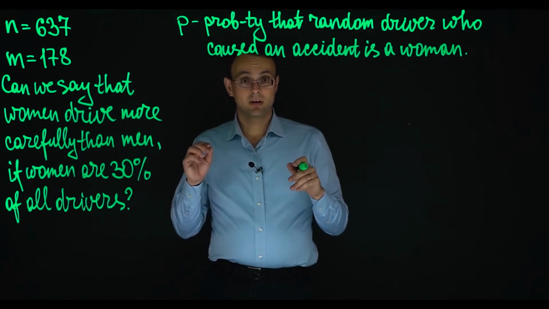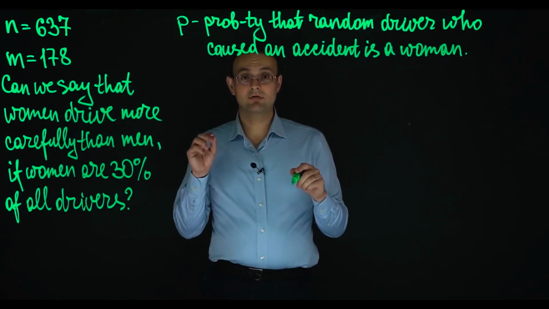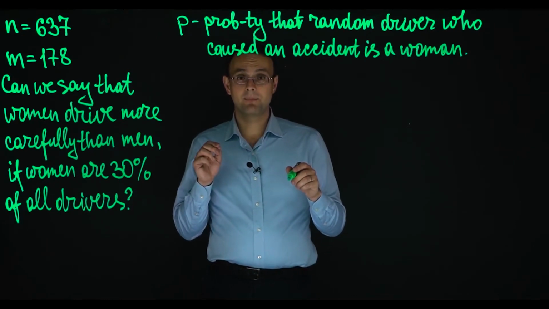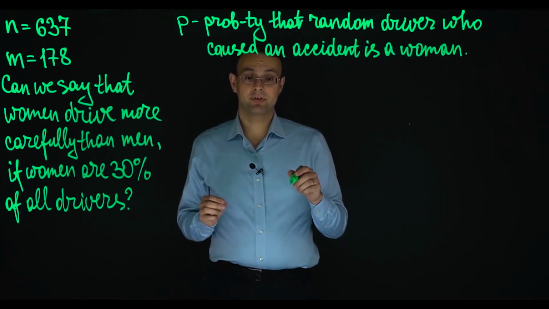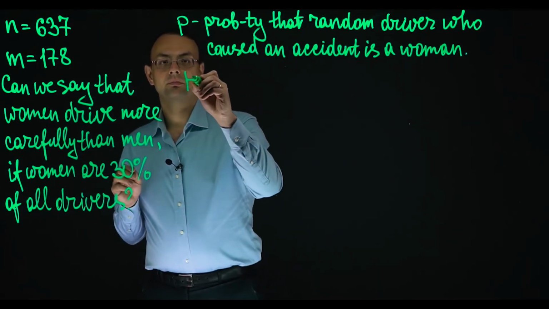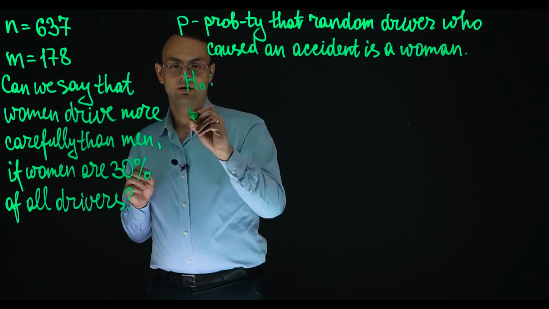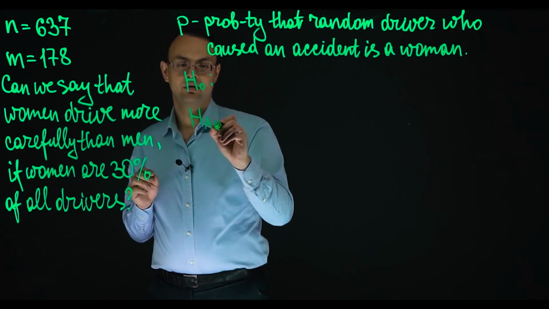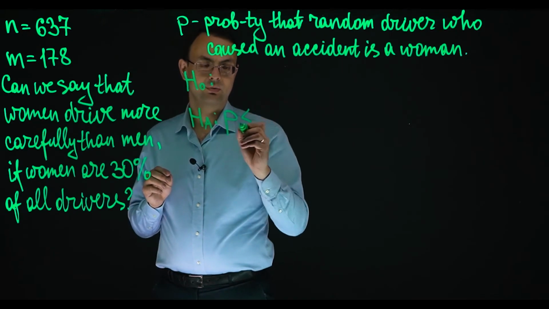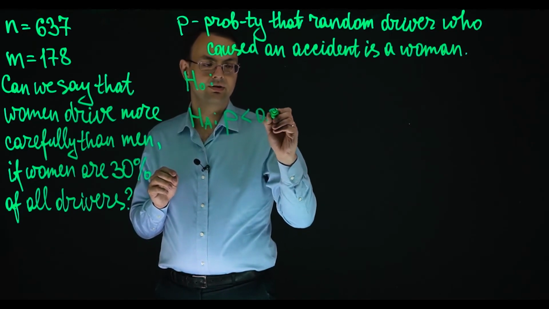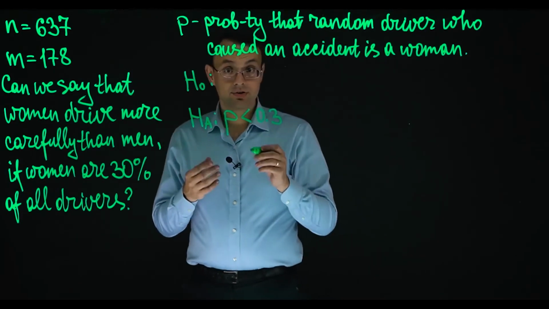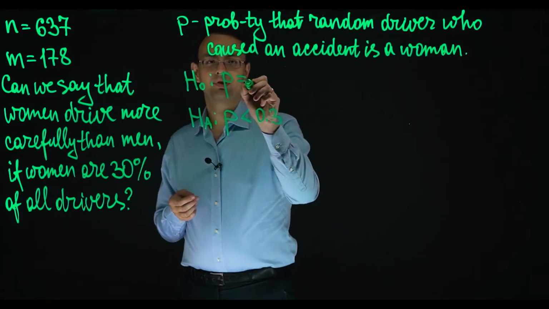So the hypothesis we are asked to test is a composite hypothesis, so it cannot be accepted as the null hypothesis, only as an alternative one. So we say that the hypothesis we are asked to test, that p is less than 0.3, is an alternative one, and so the null hypothesis is the same but with equality.